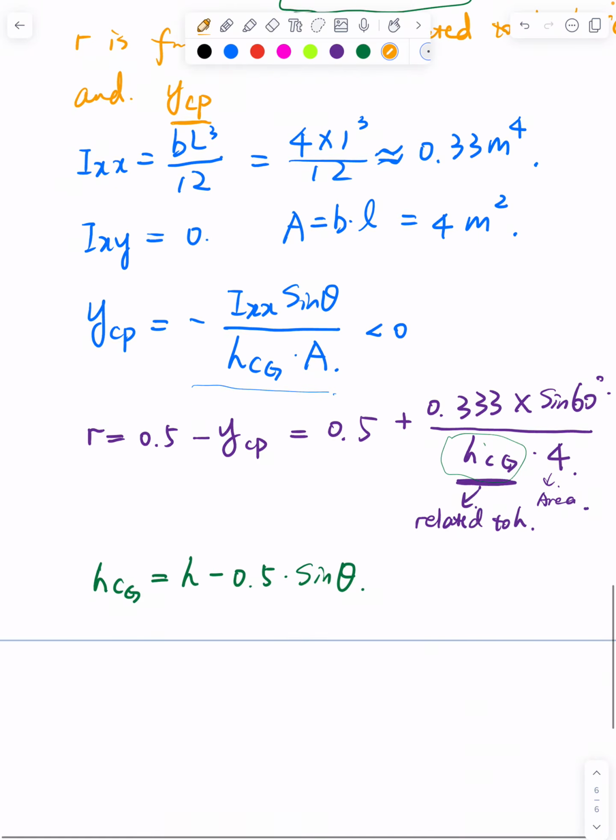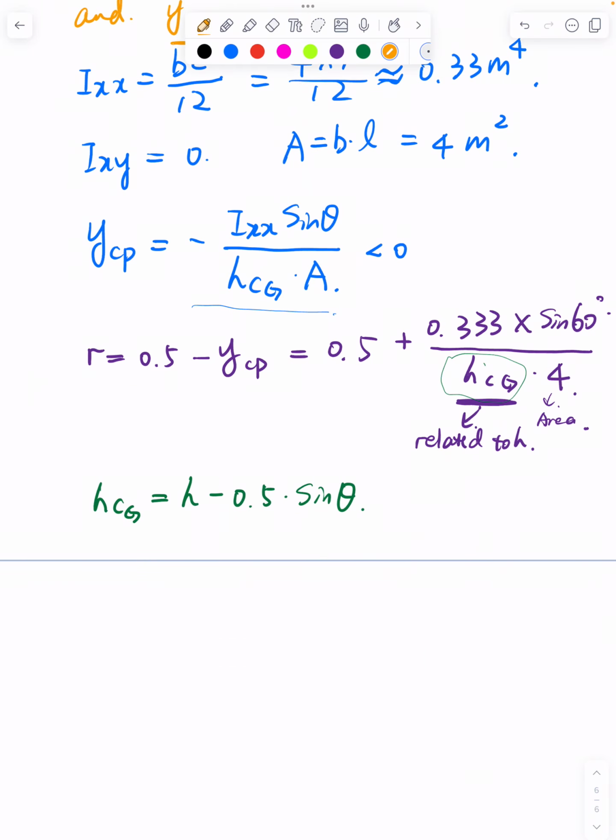Then that's H minus 1/2 multiplied by sine 60 degree. It equals H minus 0.5 sine 60 degree.